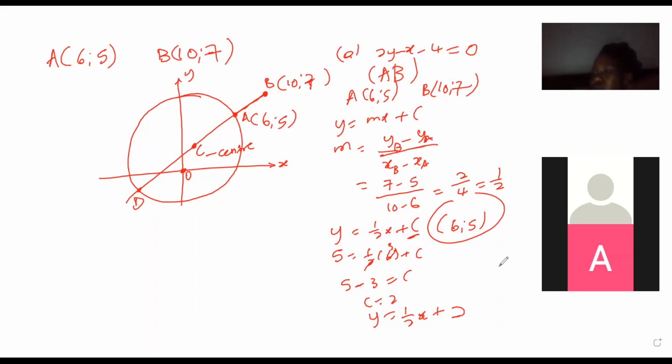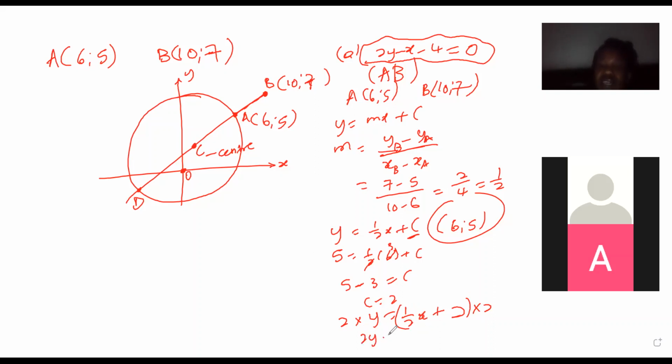They said show that it can be this, so we want everything on one side. First, multiply everything by 2 to remove the denominator of the x.